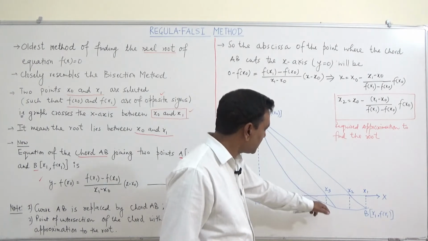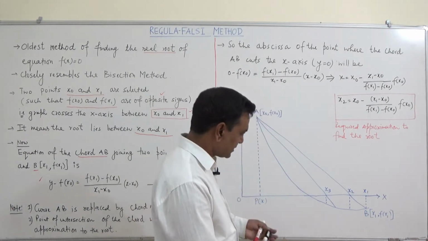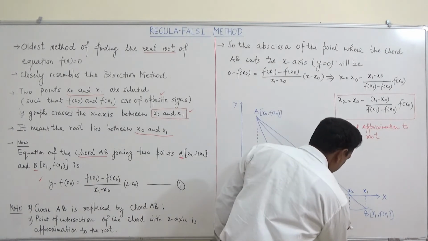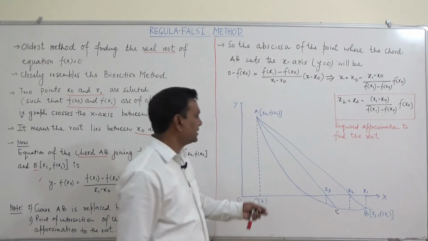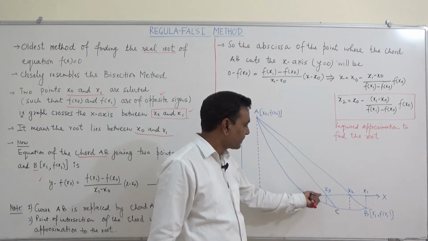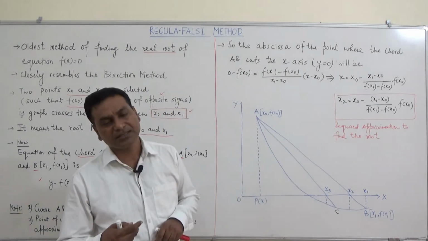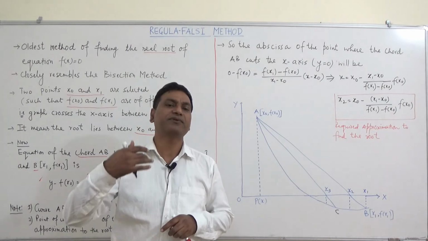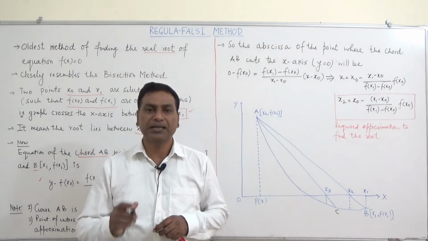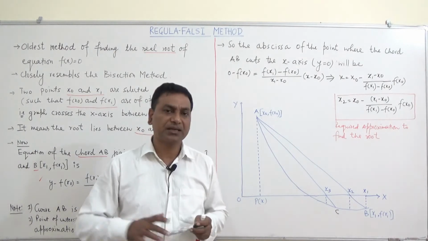Then we will write the equation of this chord. Let us say this is C. We will write the equation for this chord AC, which will cut the x-axis at x3. In this way we will proceed further, then we will find x4 and so on until we get the final root. So this is the basic principle of Regular-Falsy method.